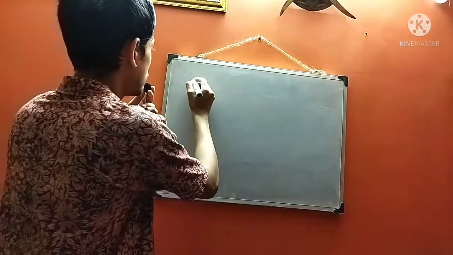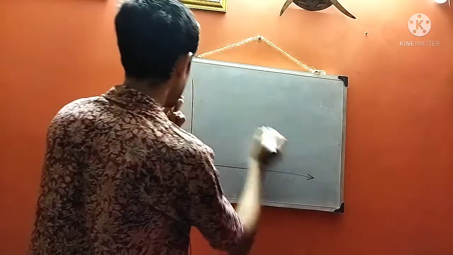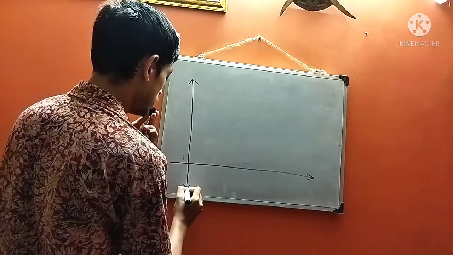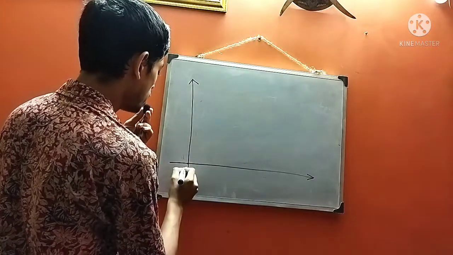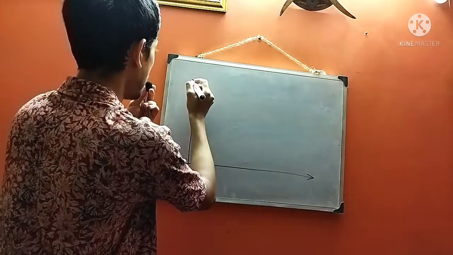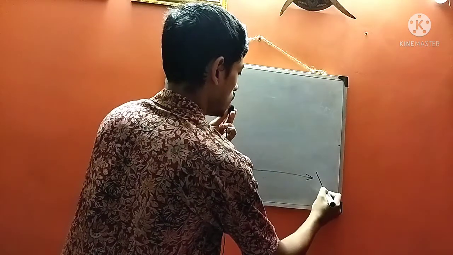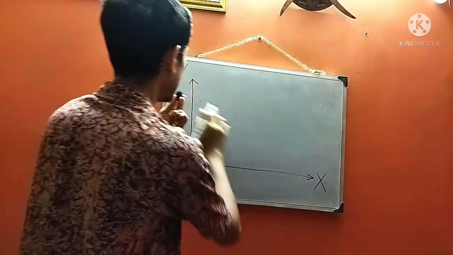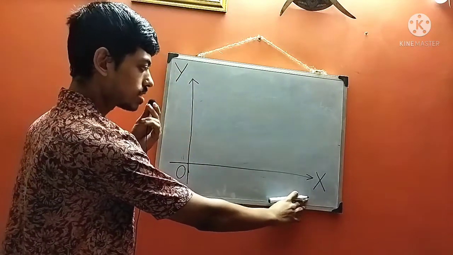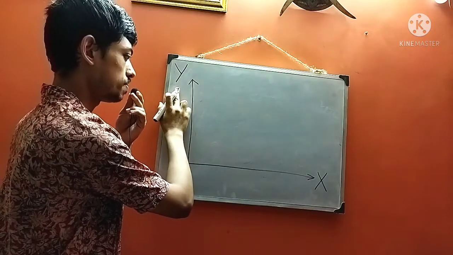A graph is a two-dimensional pictorial representation of numerical data. It has an origin, 0, and two axes, x and y. The x axis is the horizontal axis, whereas the y axis is the vertical axis.